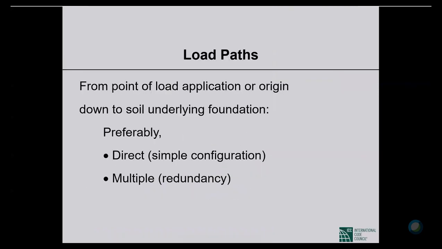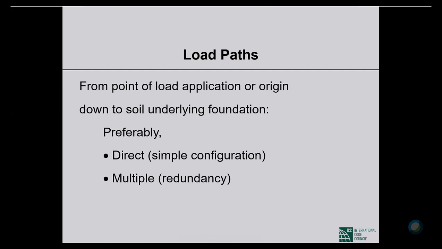So load paths from point of load application or origin down to soil underlying foundation. The load paths that we provide should preferably be direct, which comes from simple configuration of our building.